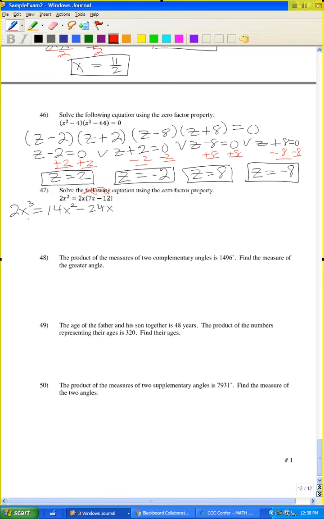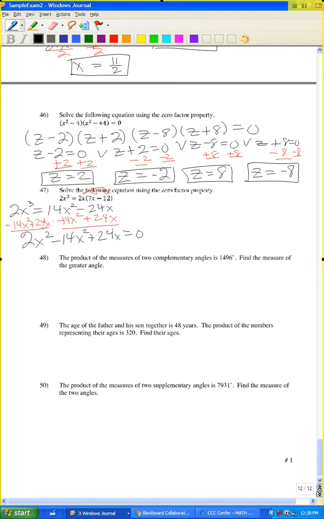Subtract 14x squared, add 24x to both sides of your equation. And so you get 2x cubed minus 14x squared plus 24x equals 0.